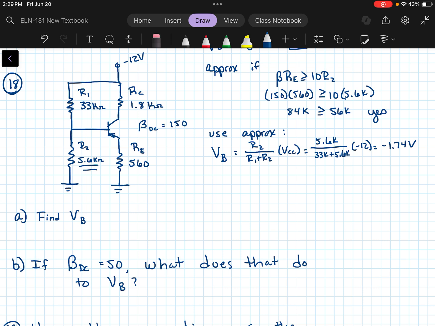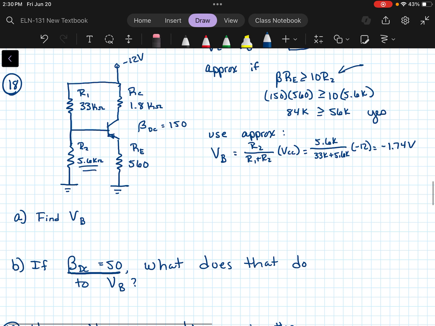Now, the question in part B is, if we change beta to 50, what does that do to VB? Theoretically, it's going to make a little bit of a difference, but where it really makes the difference is in figuring out whether we can use the approximate method or have to use the exact method. Let's look at this.